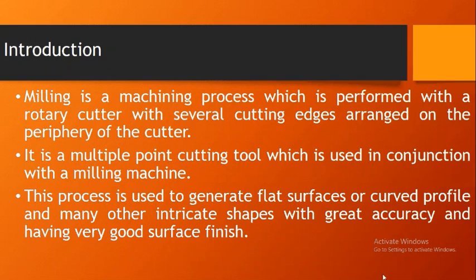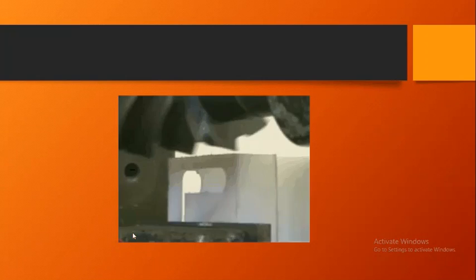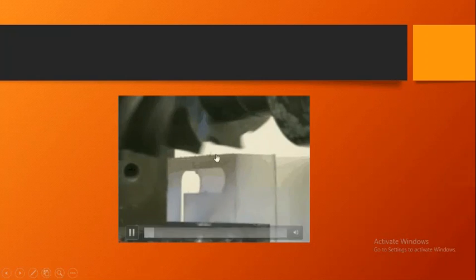Before starting the further discussion on the milling process, have a look at some videos which depict the different types of milling processes with the help of different types of milling cutters. In the first video we have a horizontal milling process where a rotary milling cutter works on a nylon workpiece surface.